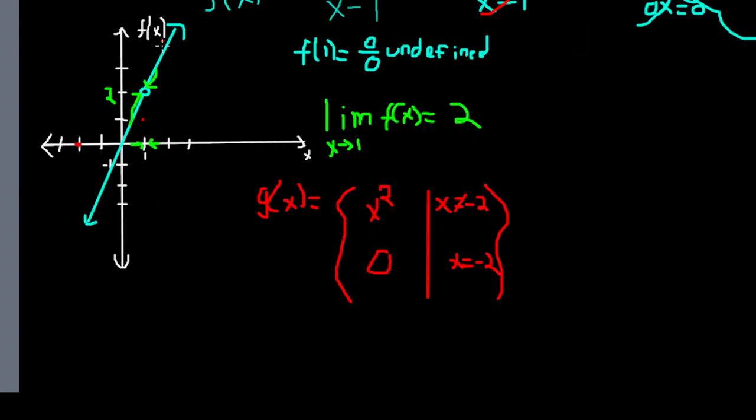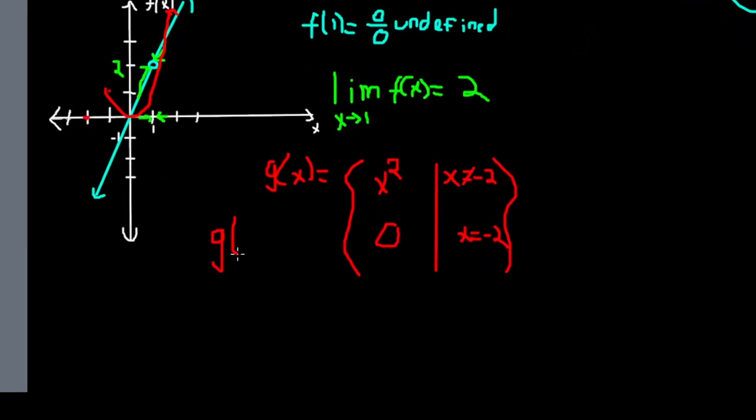Let's see if I can draw this well. Nope, not so well. Okay. And then same thing on the left side, except as x goes to negative 2.